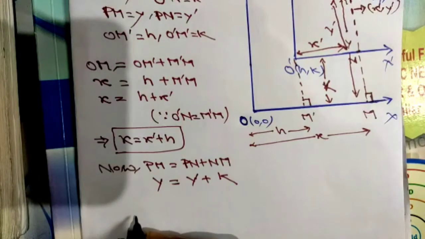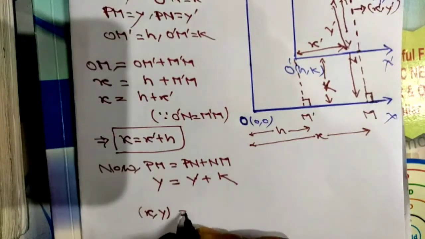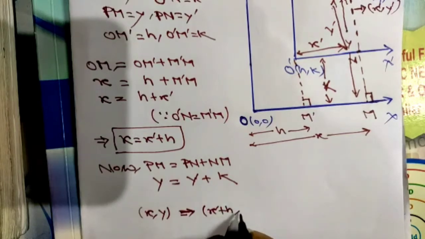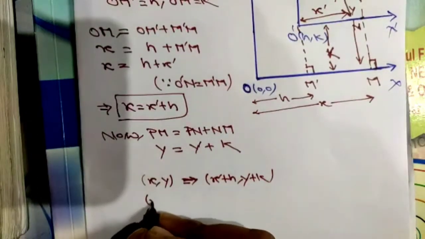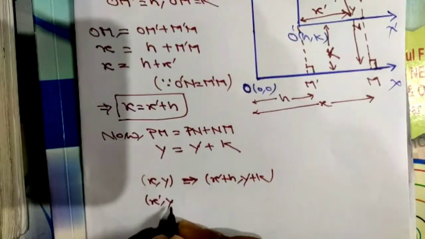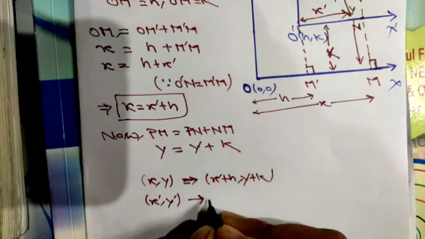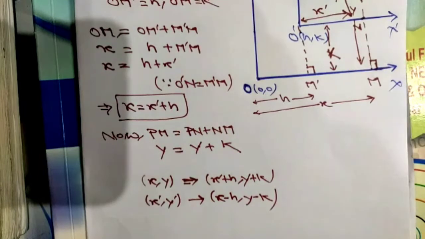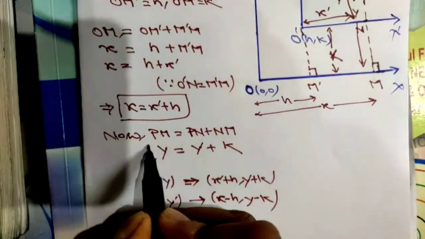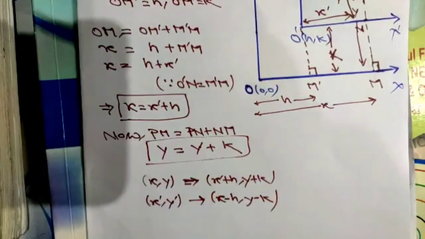We can write the coordinate in this way: x dash plus h, y dash plus k. And if you want to find the new coordinate according to the new origin, we can write x minus h, y minus k, from these two equations.